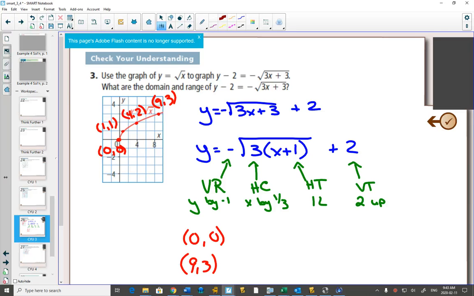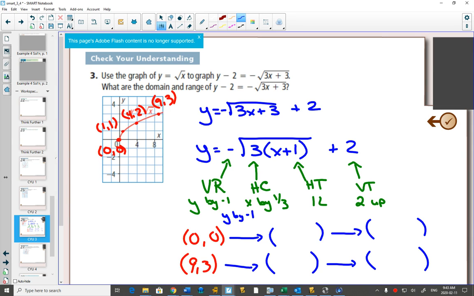So once I've chosen those 2 points, I can say what's going to happen. Always do our stretches and compressions first, and then our translations after. So labeling above our stretches and compressions, we've got y by negative 1 and x by 1/3. And our translations, we got 1 to the left and 2 up.